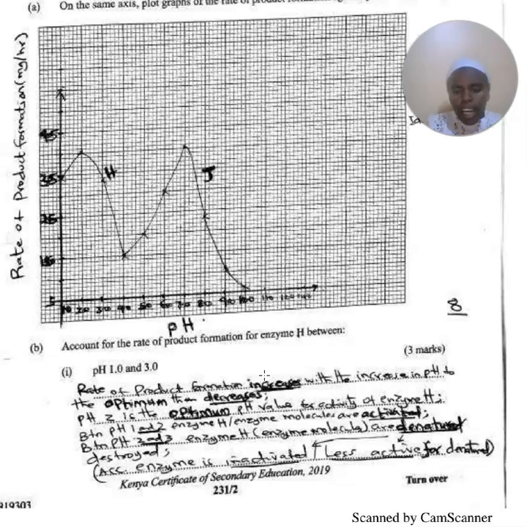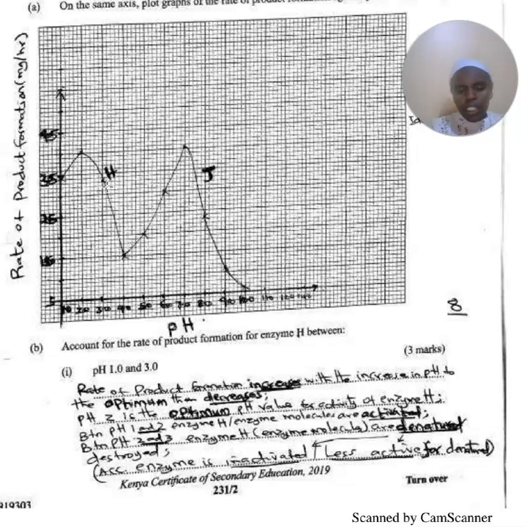So at pH 1, you see it has increased. When it reached pH 2, it has started decreasing. So pH 2 is the optimum pH value. You see here, it's the highest, so it is the optimum. That is where this enzyme works the best. And then it starts declining again.